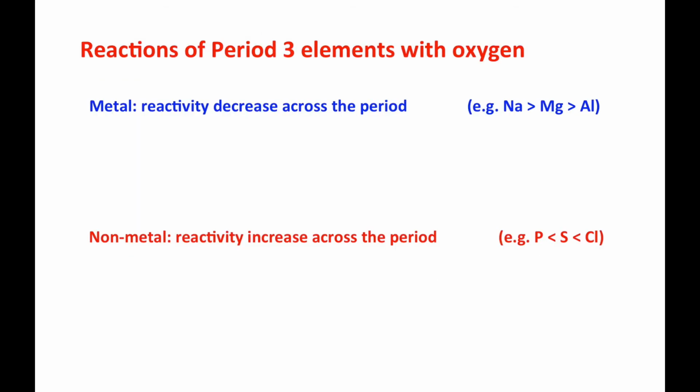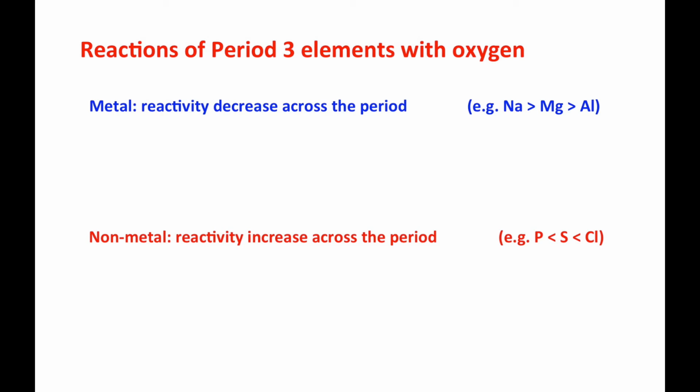Next, we are going to study the reaction of period 3 elements with oxygen, after we finish the chapter about periodicity. The reactivity decreases across the period in period 3, and you have learned this already. Sodium has the highest reactivity, aluminium the lowest. But for non-metals, the reactivity increases across the period.